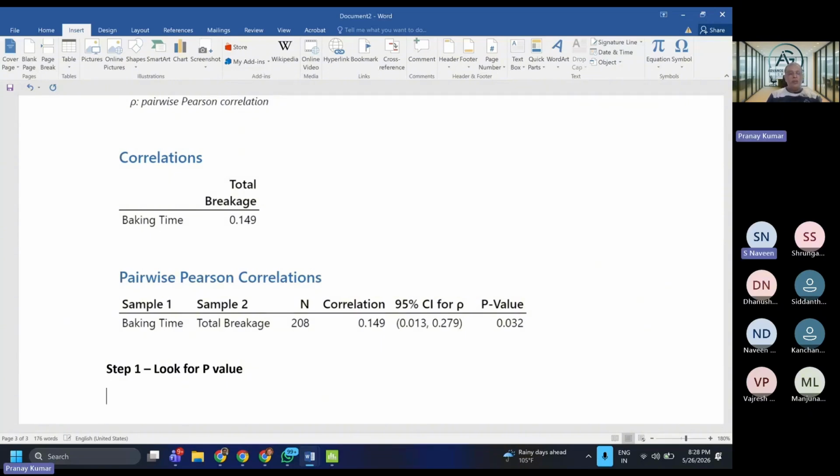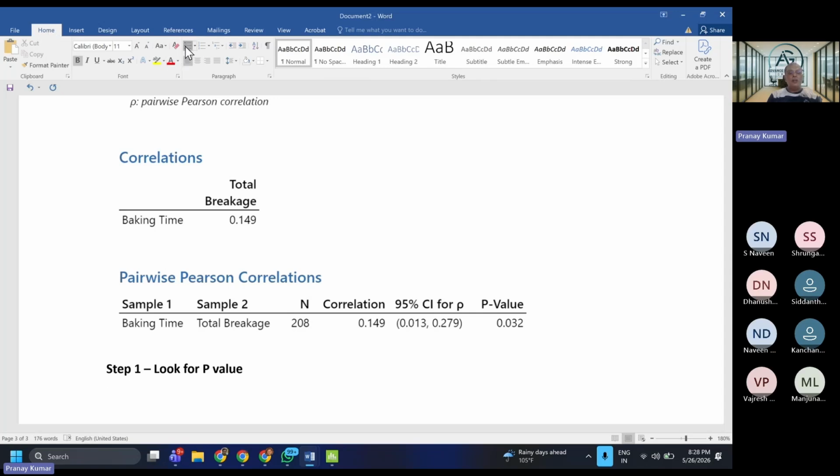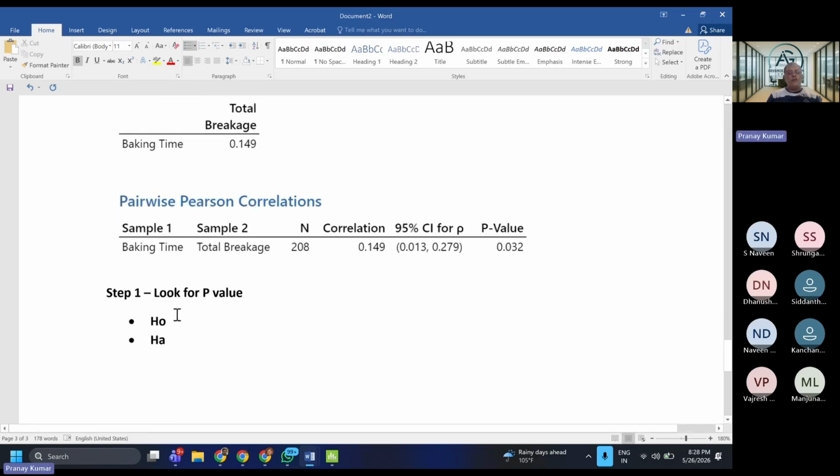In the case of correlation, the null and alternate are very different. Here, instead of calling it factor and project Y, dependent and independent variable, correlation is not able to do that. So here you will say the null is variables are independent.